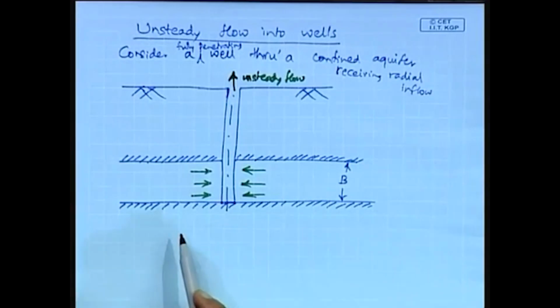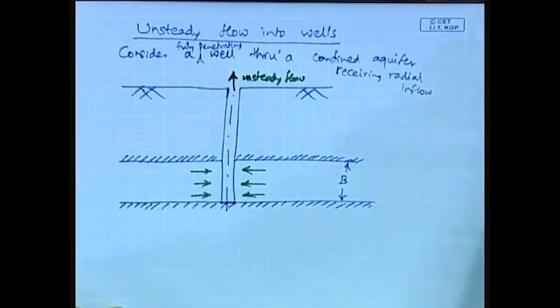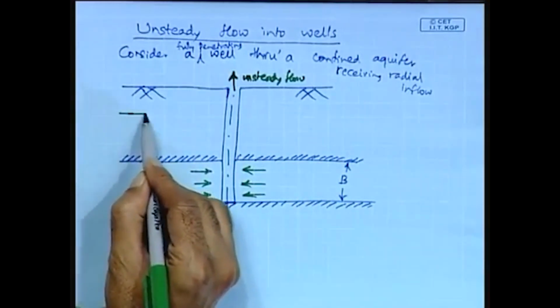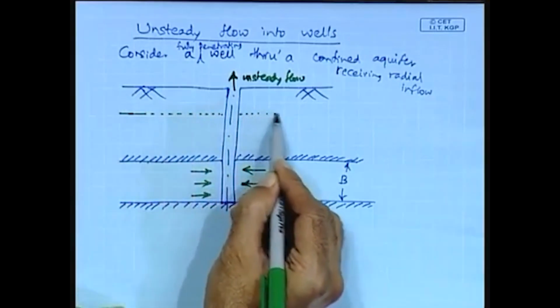So, in such case the equation is given by the equation for the groundwater flow in the radial coordinates, and here obviously, let me also show the water table, the original water table, which is horizontal.